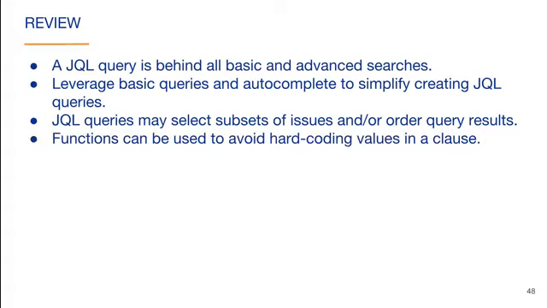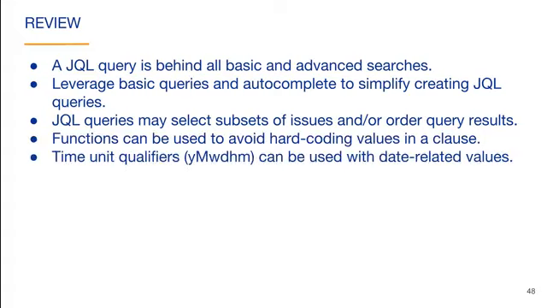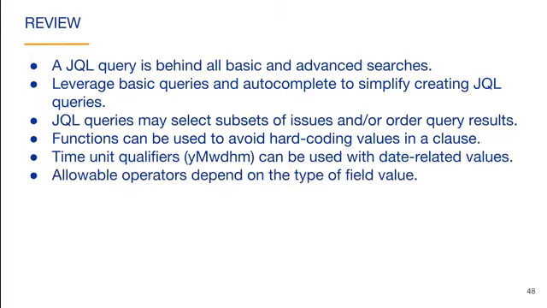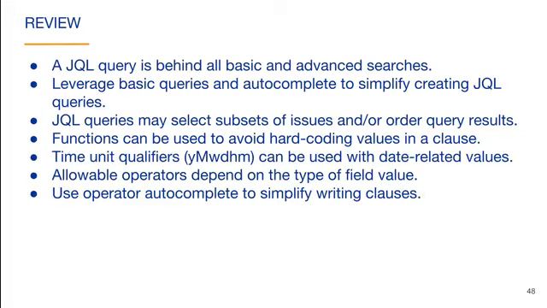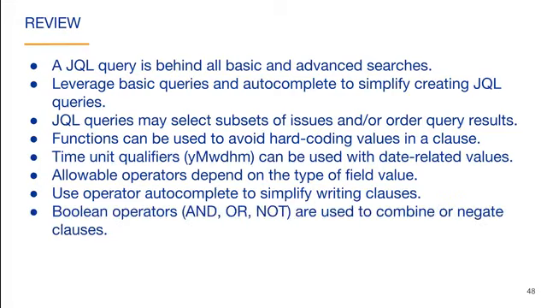Functions can be used to avoid hard-coding values in a clause. Time unit qualifiers can be used with date-related fields. Allowable operators depend on the type of field value. Use operator autocomplete to simplify writing clauses. Boolean operators are used to combine or negate clauses.